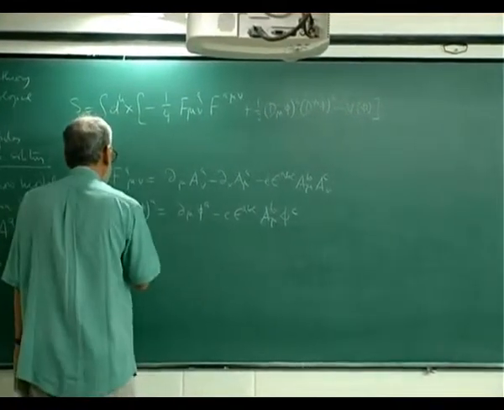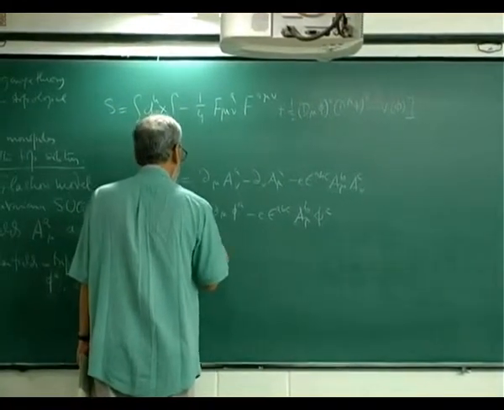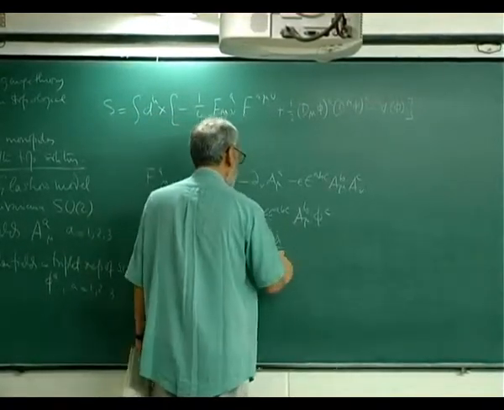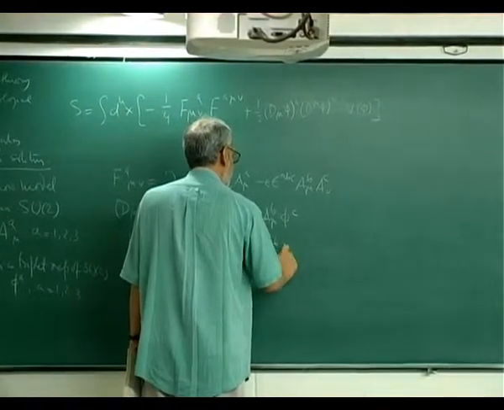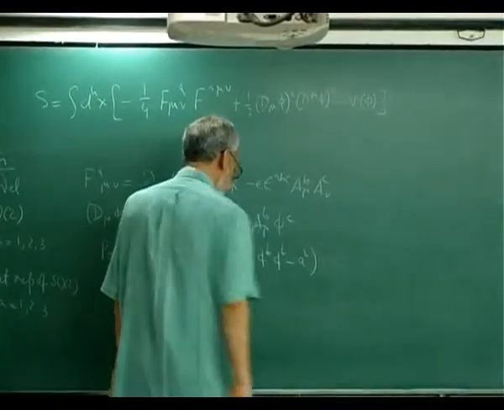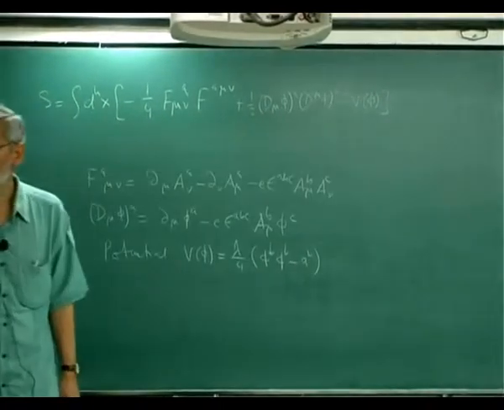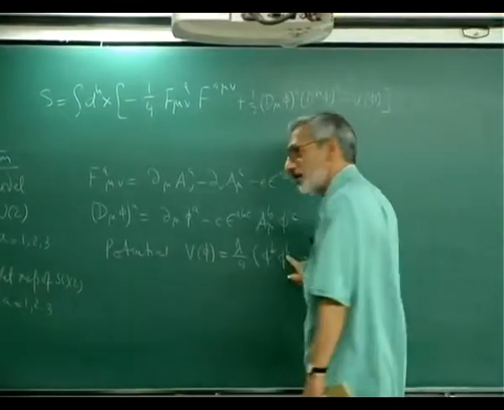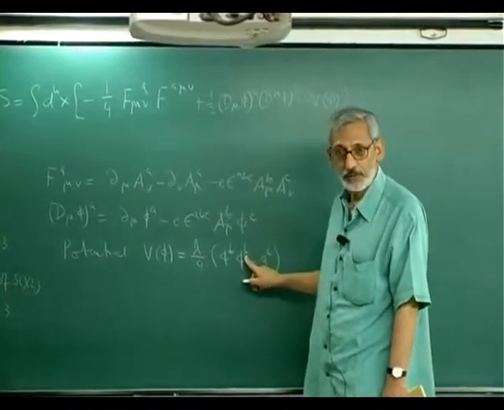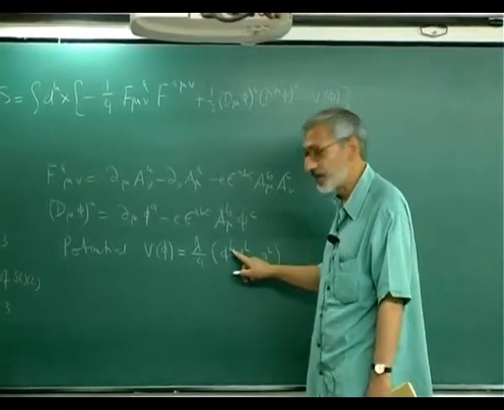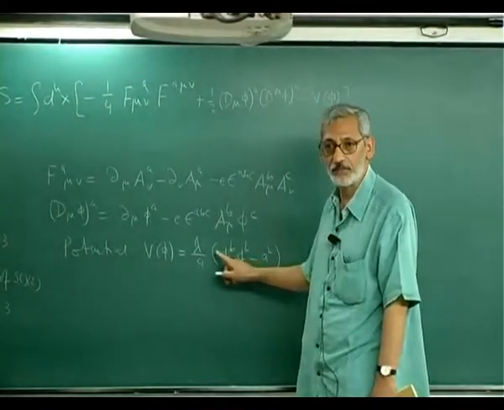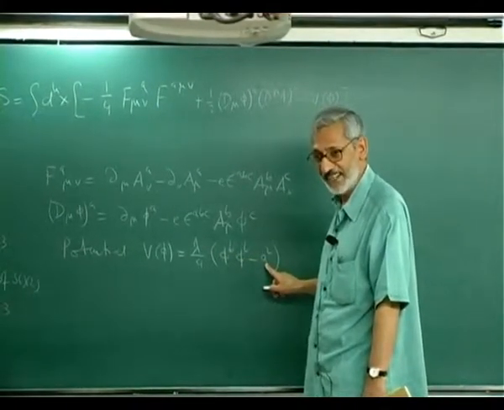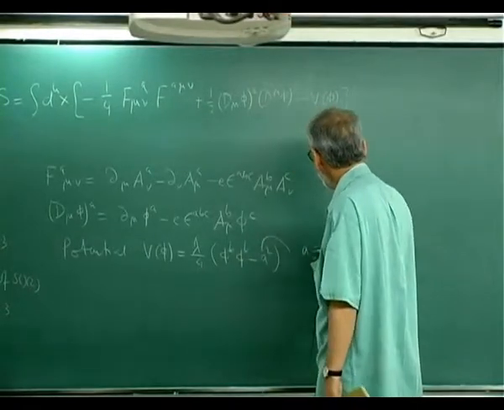And the potential has the form V of phi equals lambda by 4 times phi b phi b minus a square, whole square. Now there is a little bad notation. This b is the SU2 index, b runs from 1 to 3, and repeated b means sum. This A is not the index, this A is a constant.